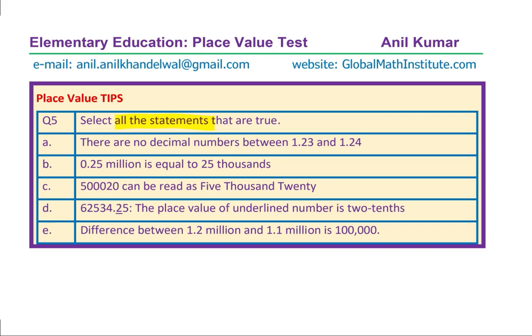D. 62534.25, where 2 is underlined. The place value of the underlined number is 2 tenths. E. Difference between 1.2 million and 1.1 million is 100,000. So take your time to answer these questions.